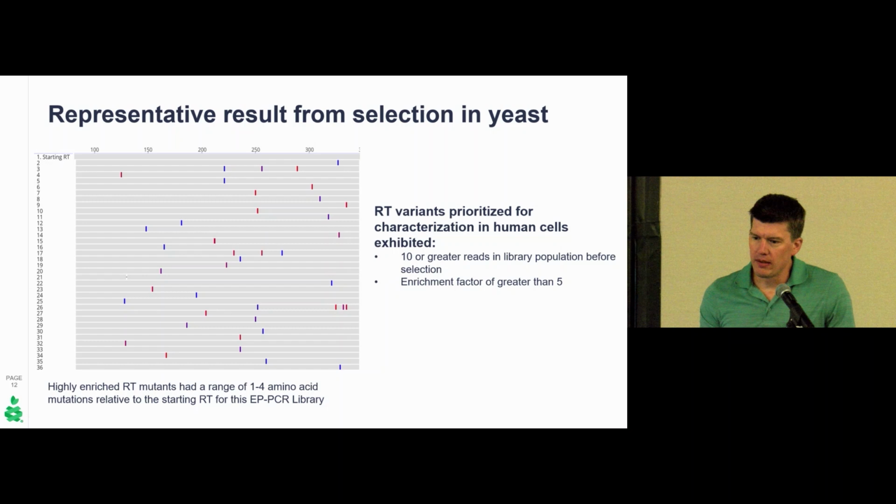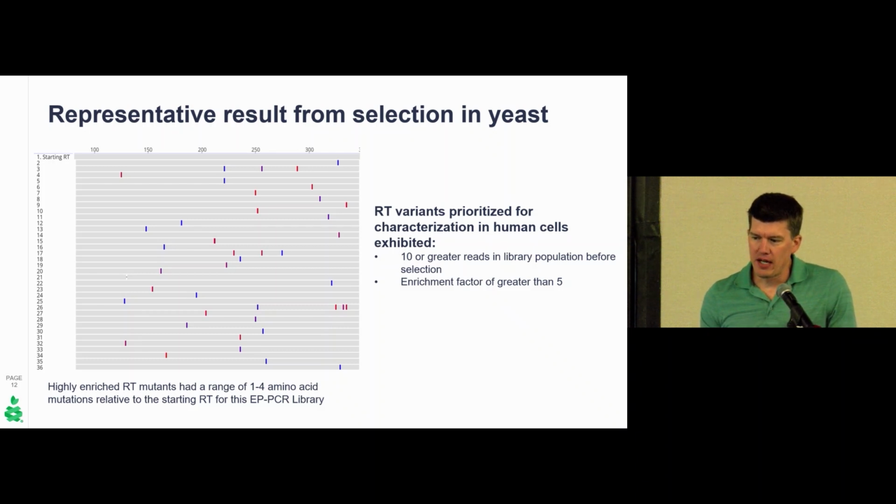This is a representative snapshot of the type of amino acid diversity that we find after we do the dropout selection process. The top bar is the starting reverse transcriptase, and each of those little marks is an amino acid mutation compared to the original sequence. You can see that we're getting a lot of diversity there.